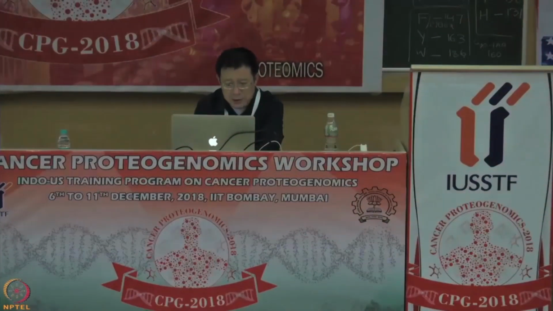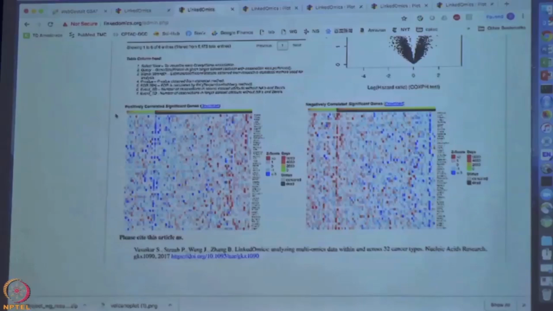So the first bar, this bar at the bottom, shows you these are probably the people who have died, and these are still alive. And then within each group, this is the survival time. Most of these are censored data, right? Most of them haven't died, so it's censored. But these are the ones with actual death events. So basically two groups of people, and then within each group you have survival time from short to long.